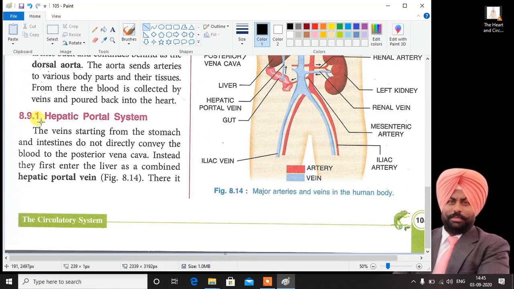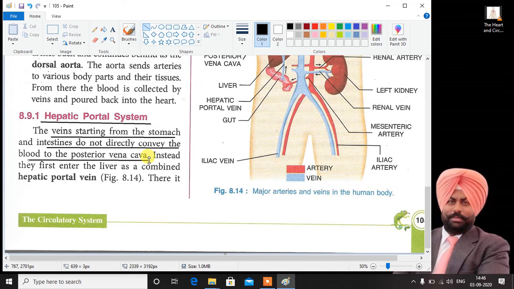Moving on further, let's see the topic hepatic portal system. As we all know, the blood vessels which enter into the organs are called arteries and the blood vessels which leave the organs are called veins. But the veins starting from the stomach and the intestine do not directly carry their blood to the posterior vena cava, which means it does not carry its blood to the heart.